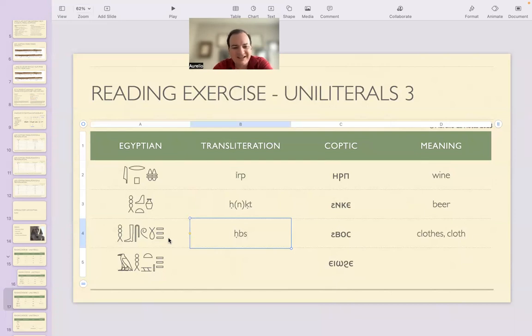I beg to differ. There's a really interesting paper out by a gentleman named Marwan Kilani. What he did is he basically compared words where we have the hieroglyphic writing and the Coptic, and sometimes also foreign language transcriptions, say, for example, in cuneiform.